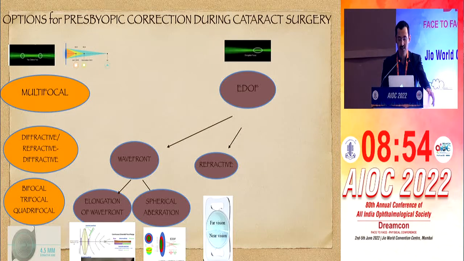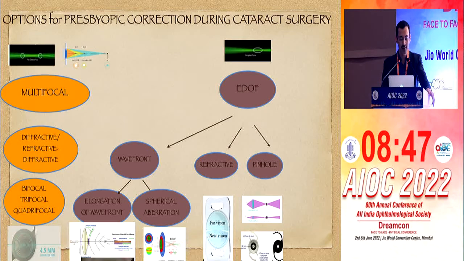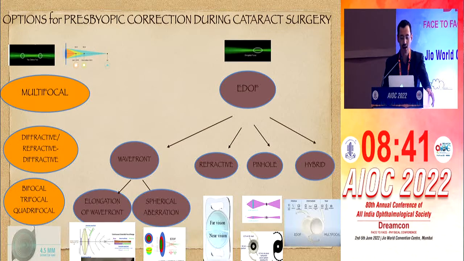The third is a refractive IOL, wherein a near add is put in the lower segment of the IOL, and we could have a pinhole which cuts off the paraxial rays and gives a depth of field. And finally, a hybrid lens, which here means the use of diffractive optics to create an EDOF lens.